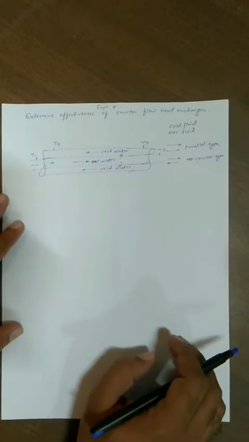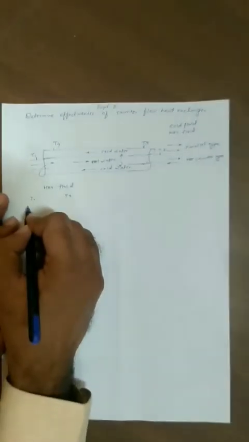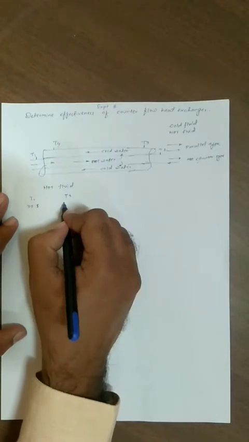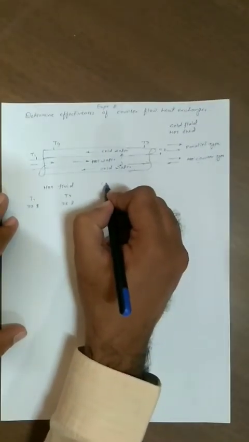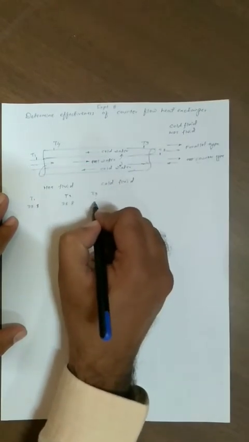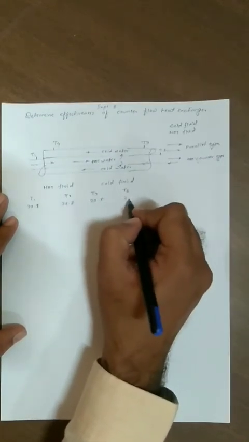Okay. Now let us see the calculation, observation part first of all. The observations are the hot fluid temperatures T1 and T2. T1 is recorded as 39.8, T2 is recorded as 38.8, while for the cold fluid, T3 is recorded as 29.5 and T4 is recorded as 31.0.